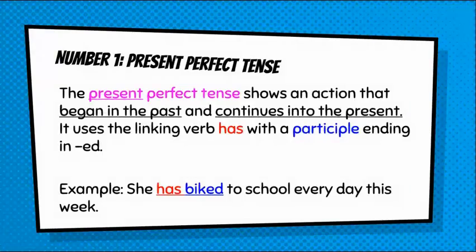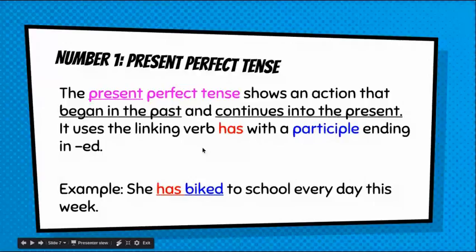The first tense that we're going to talk about is the present perfect tense. It says the present perfect tense shows an action that began in the past and continues into the present. It uses the linking verb has with a participle ending in ed.